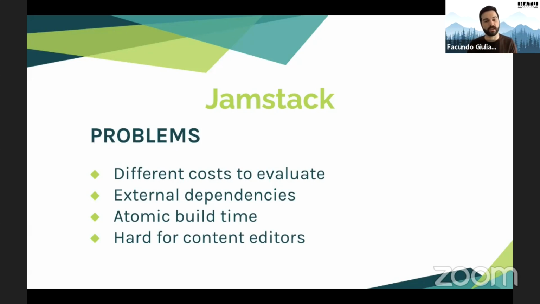For instance, the Headless CMSs or the services that we want to use to deploy our site, or the third-party APIs that we want to use. We want to evaluate this cost and try to make our site as cheap as we can. And on the other hand, evaluate which options fit best for our application.